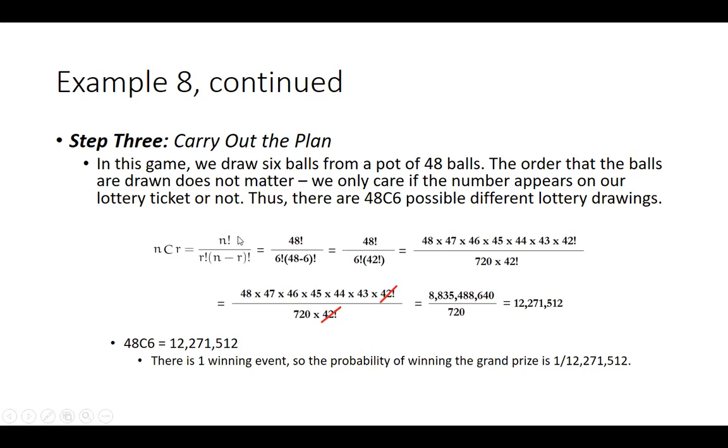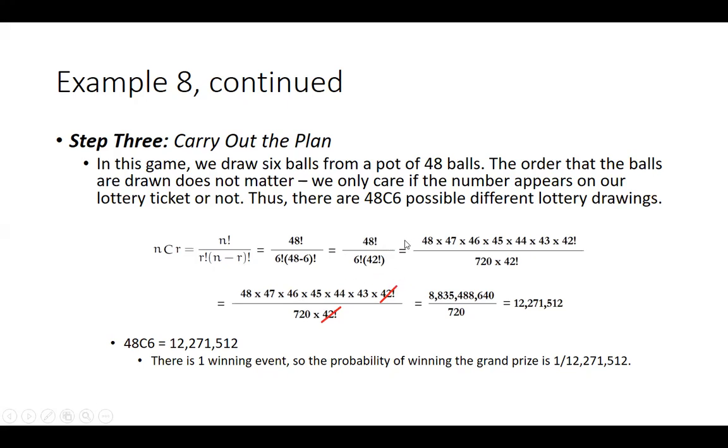N is 48, r is 6, so we plug those values in. We have 48 factorial on the top, and 6 factorial times (48 minus 6) factorial on the bottom. 48 minus 6 is 42. So 48 factorial on the top, 6 factorial times 42 factorial on the bottom.